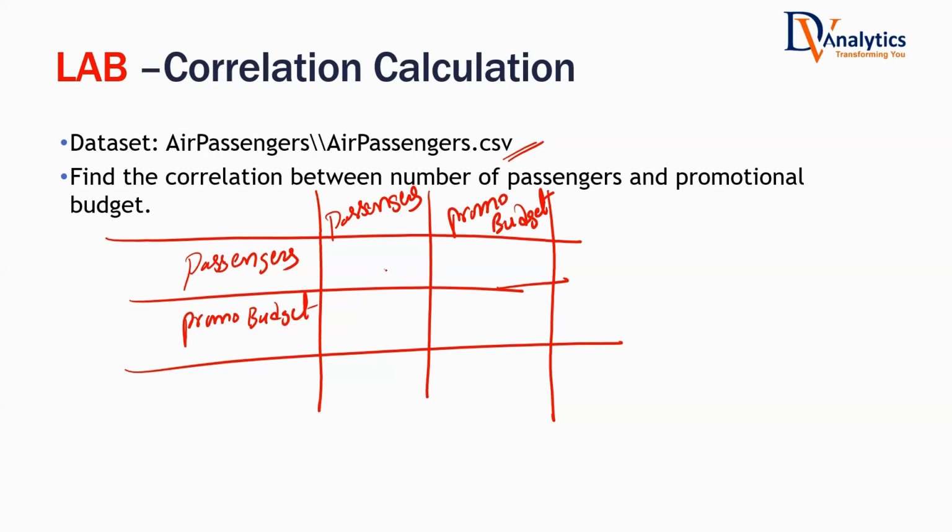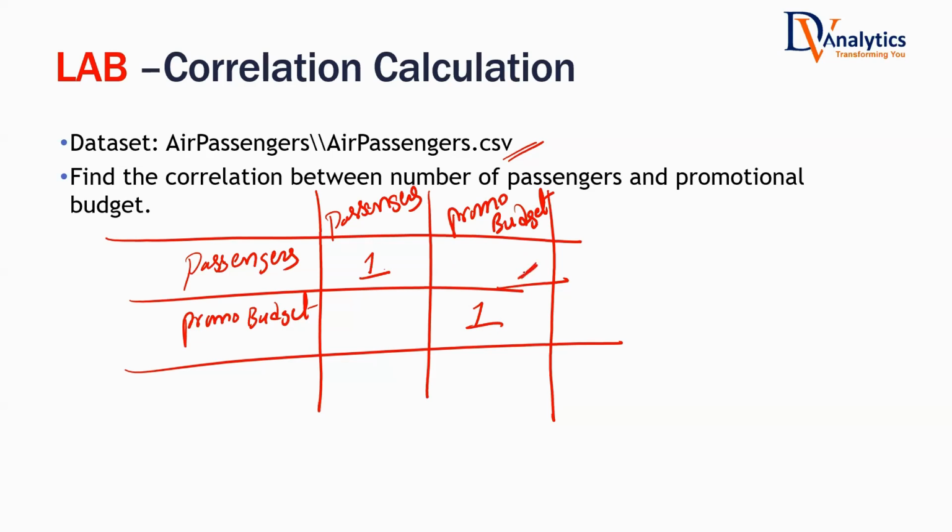The first number over here indicates the correlation between passengers and passengers. Obviously, if you take variable X and try to find the correlation of that variable with itself, that will be 1, isn't it? Correlation between any variable with itself will be 1. Similarly, the correlation between promotional budget and promotional budget will also be 1. That's not the correlation that we are looking for.